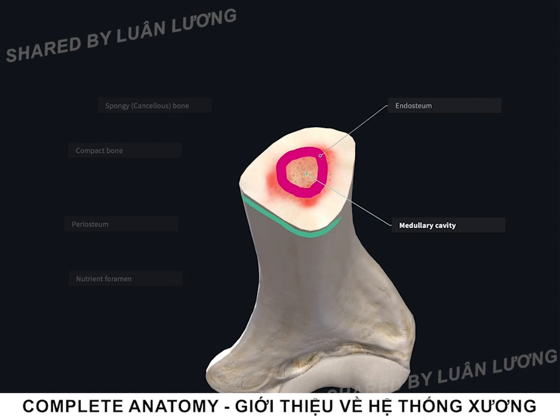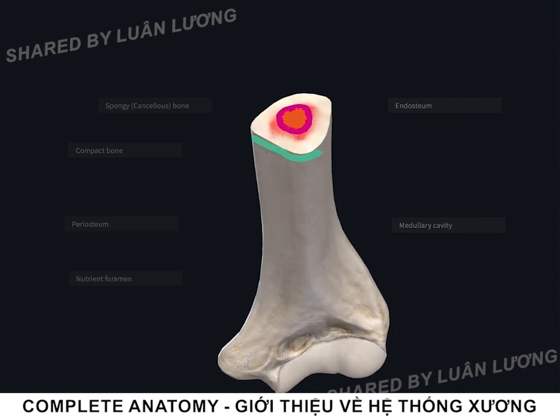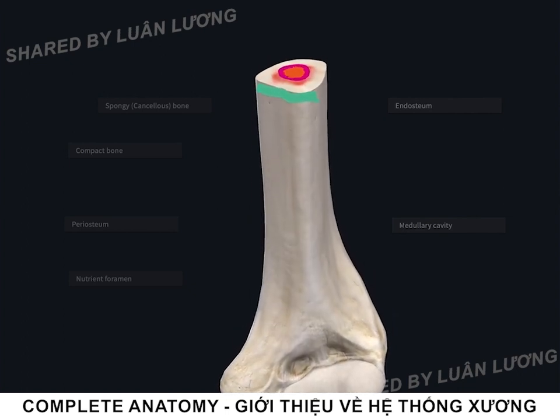And this will surround the hollow central portion of the bones, which is either going to contain fat and be yellow marrow, or red blood cells, which we would consider red marrow. So the bones are going to be developing either red blood cells or part of our lymphatic system and parts of our immune response within the medullary cavity.